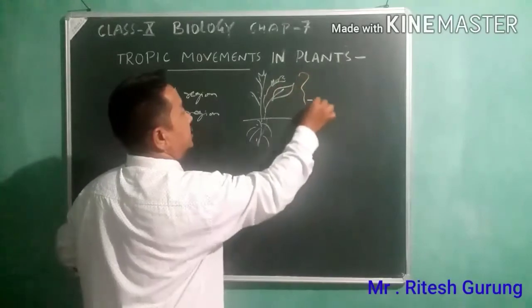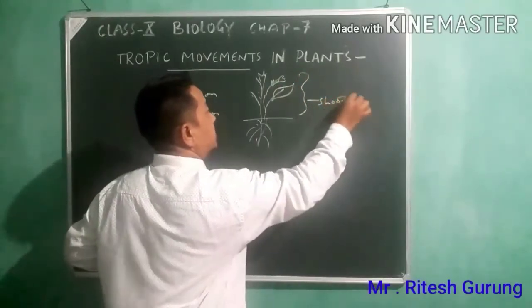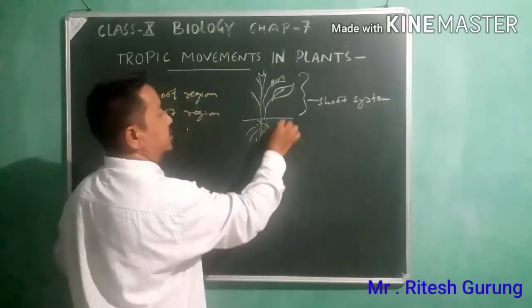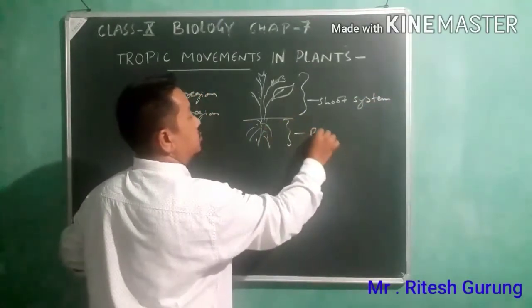So this region is the shoot region, or shoot system, and this region is called the root system.